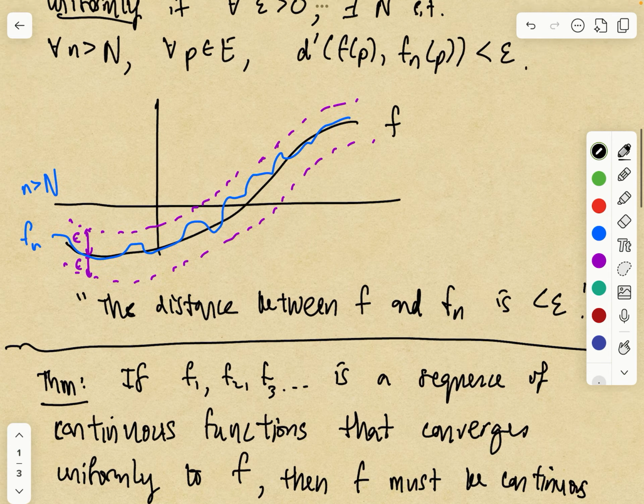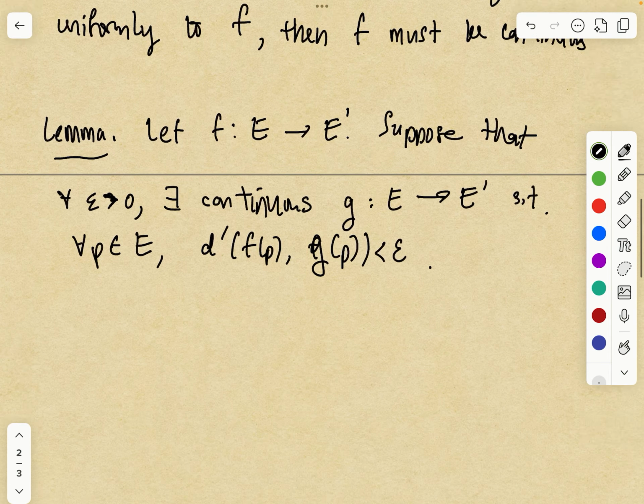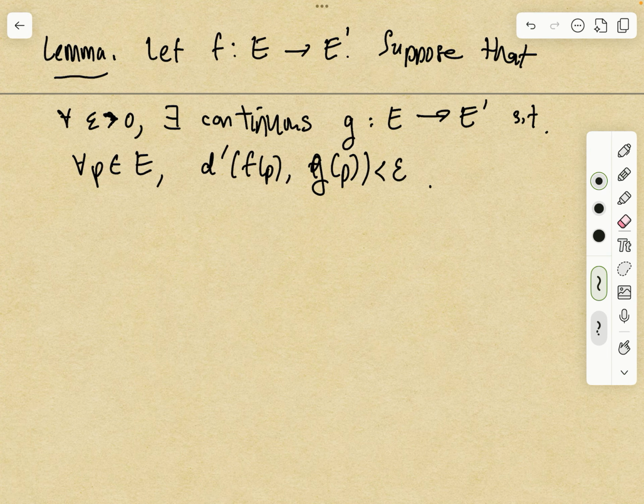I'm using the d prime for the metric on E prime. So we have some function f, and we're supposing that for every epsilon there's a continuous function g that's within epsilon of f, meaning that for all p in E, the distance between f of p and g of p is less than epsilon. Then the statement is, then f is continuous.